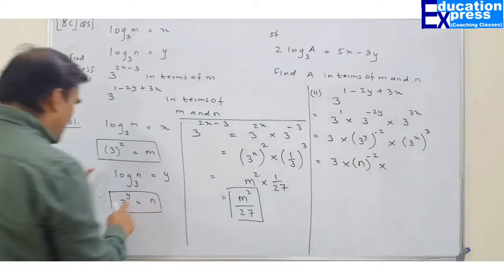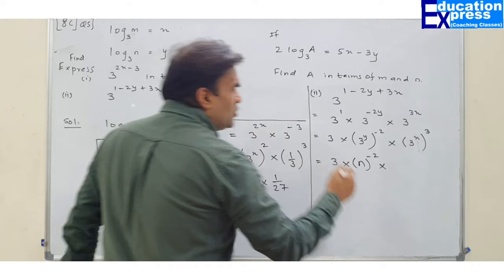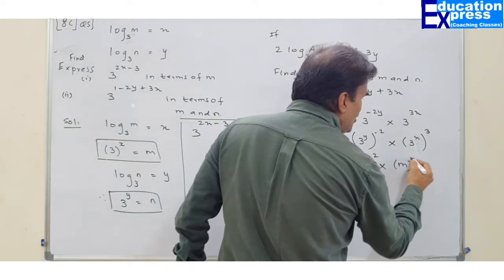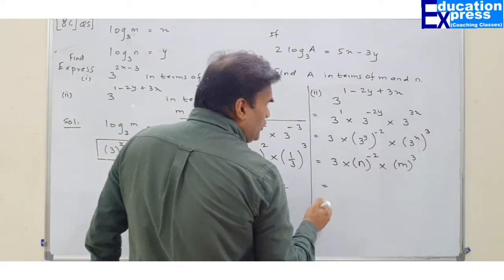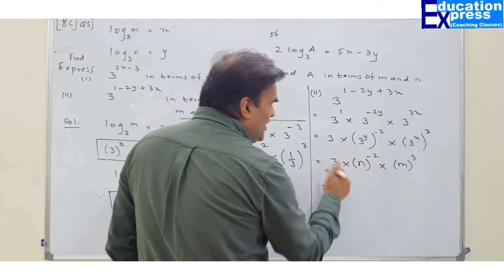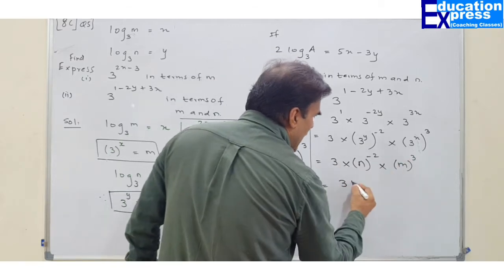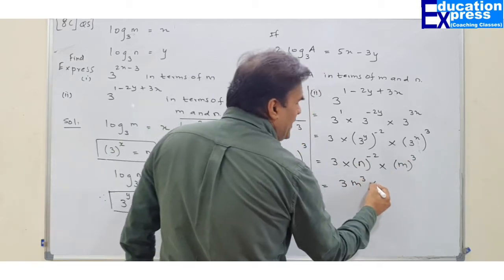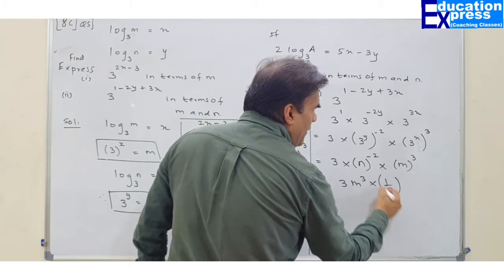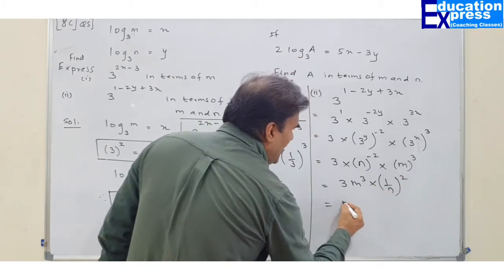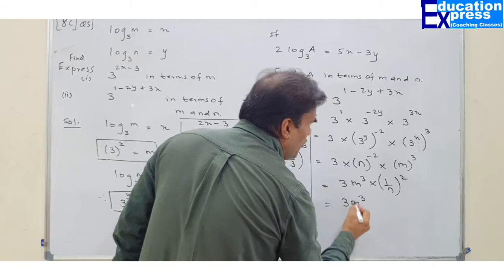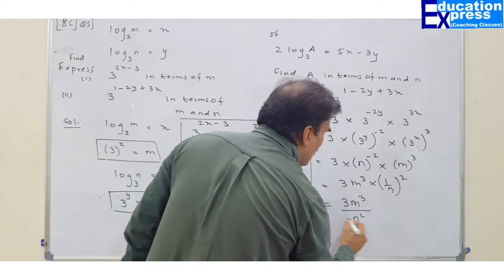What is the value of 3 raised to x? So m. So m raised to 3. So if you see now, the expression is 3 m cube, and this can be written as 1 upon n square, which means 3m cube upon n square.